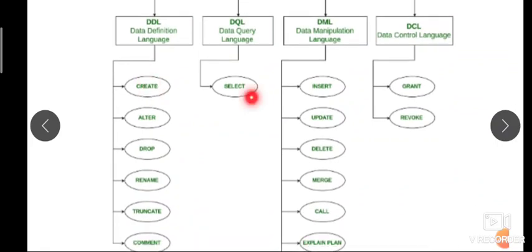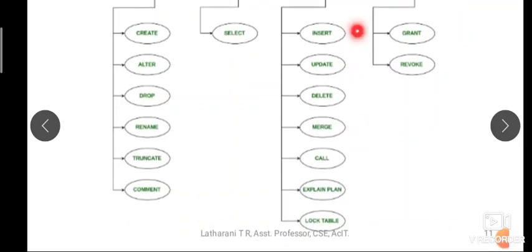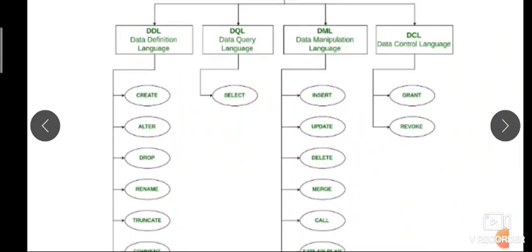Then DQL, data query language, has one statement called select, which is of most importance to us to work with the database. Then data manipulation language consists of statements like insert, update, delete, merge, call, explain plan and lock table. These come under the DML. DCL, data control language, is grant and revoke. These two come under the DCL.